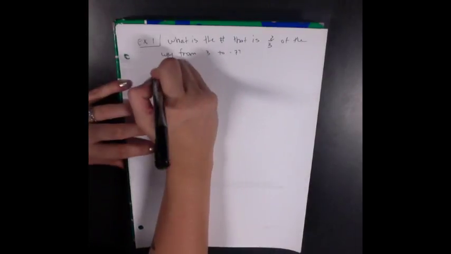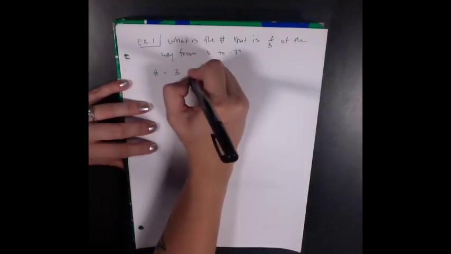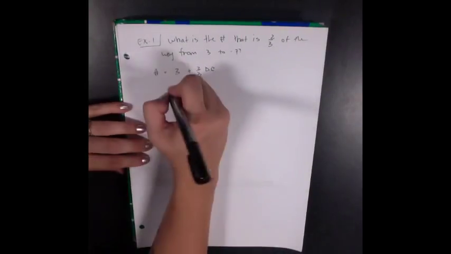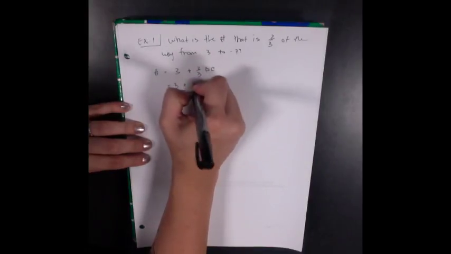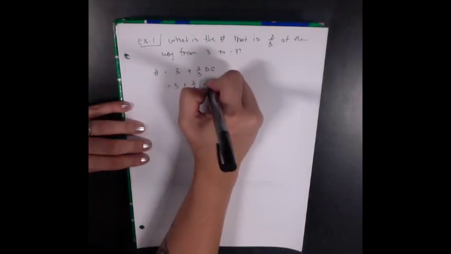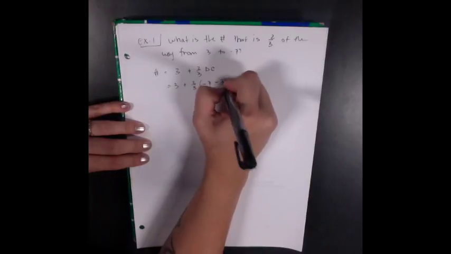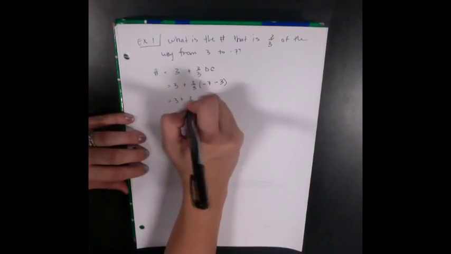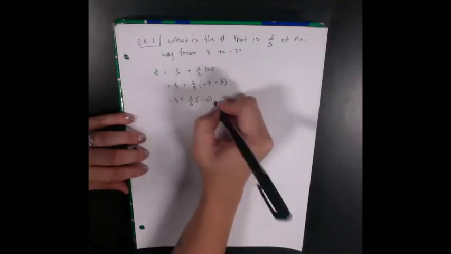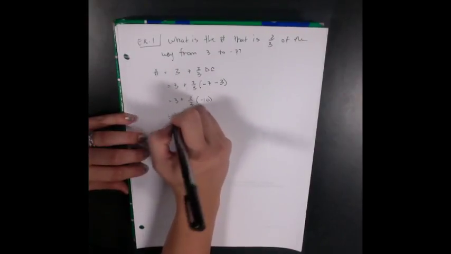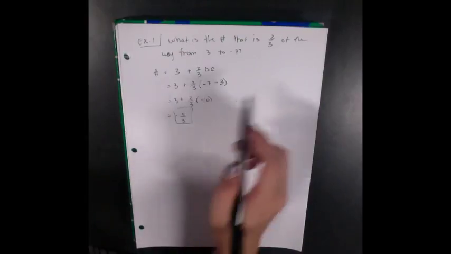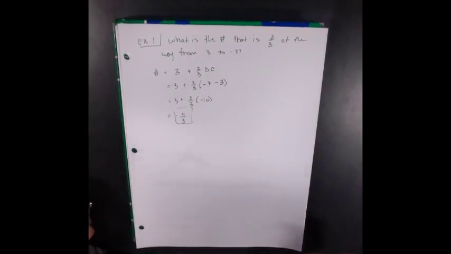So our number, we start at 3 and we're going 2/3 of the way times delta C. Well, delta C, you put your final number minus your initial number. So this gives me 3 plus 2/3 times negative 10, which gives me negative 11/3. That is the number that is 2/3 of the way from 3 to negative 7.